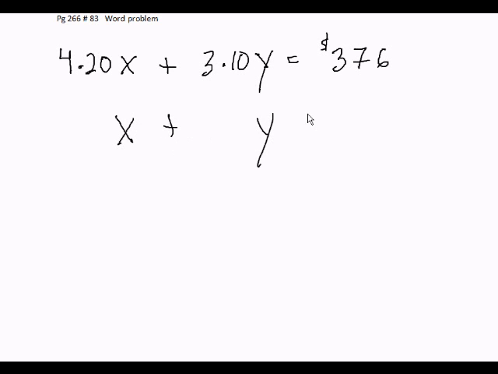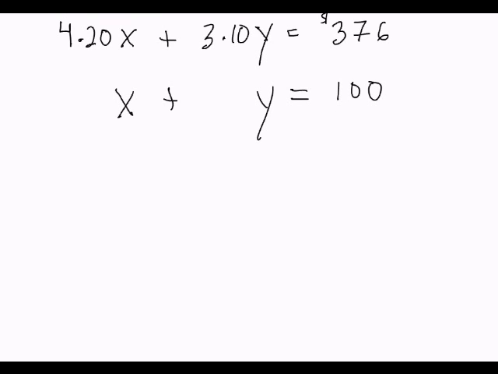Now you need two equations. Now it says the number of pounds of this hamburger plus the number of pounds of the other hamburger equals 100 pounds. So the second equation is the number of pounds plus the number of pounds equals the total number of pounds. So these are the two equations that we have.